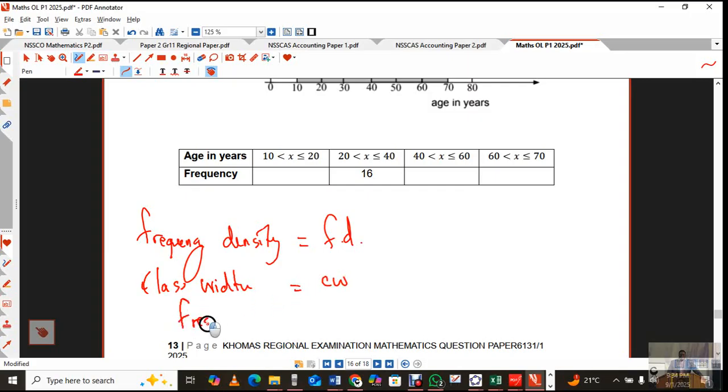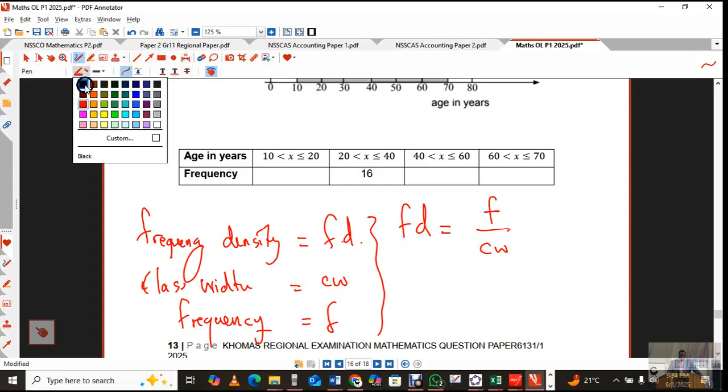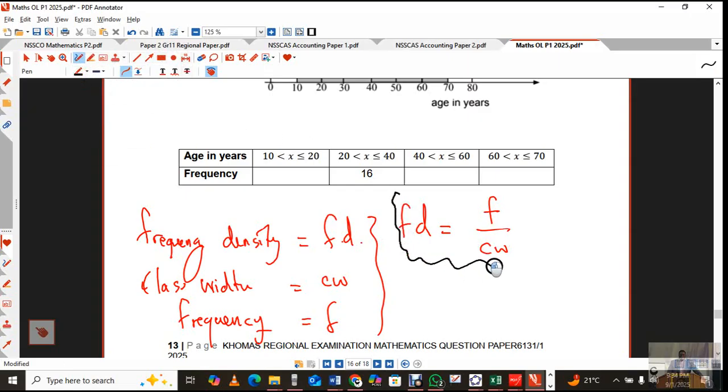And then obviously we know frequency. Frequency. And I'm going to abbreviate this only as F. Now, how do you calculate frequency density? You take the frequency, you divide it by the class width. This is an important sort of formula that you need to understand. Okay, and I'm going to use it here.